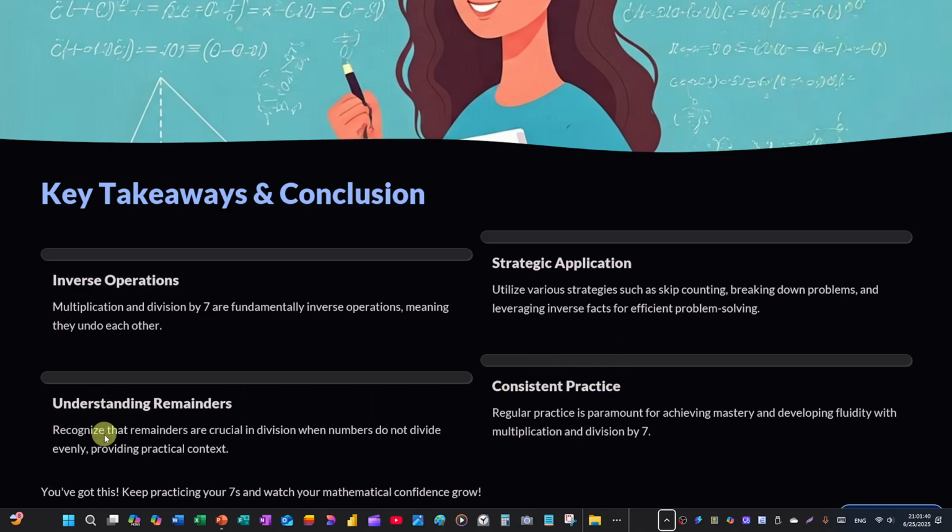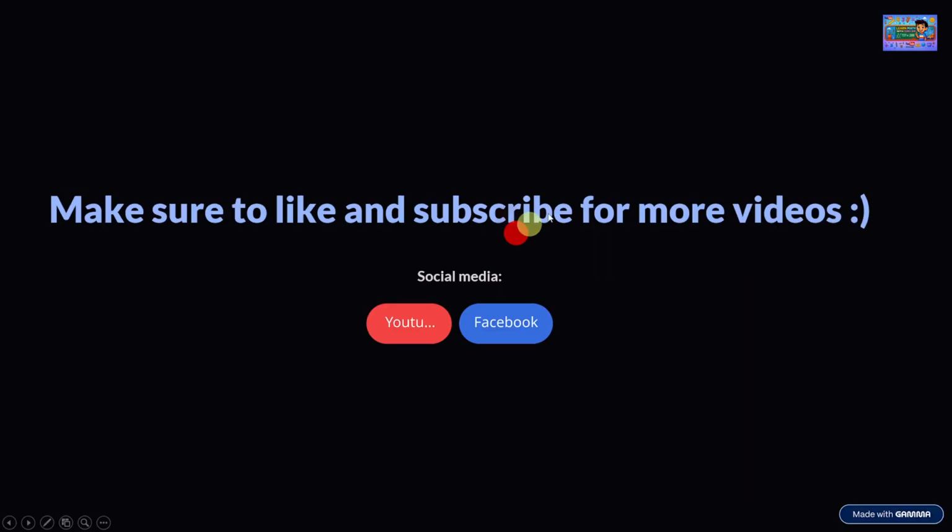Understand remainders: recognize that remainders are crucial in division when numbers do not divide evenly. Constant practice: regular practice is paramount for achieving mastery and developing fluency with multiplication and division. You got this. You'll sense your mathematical confidence grow.